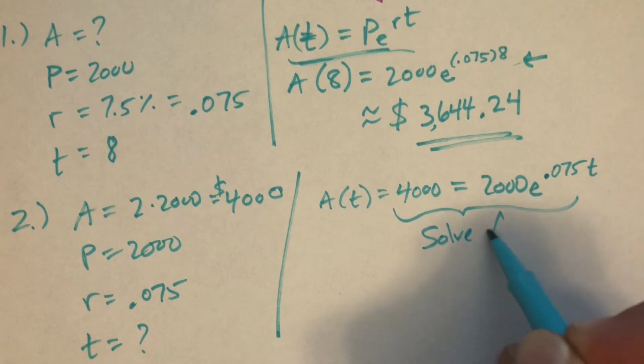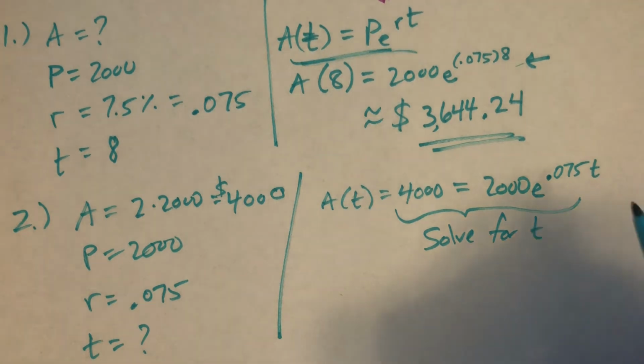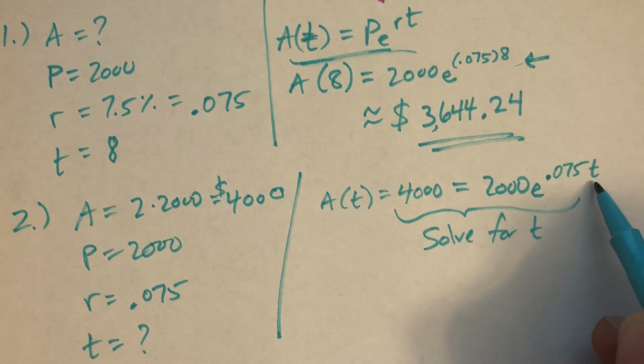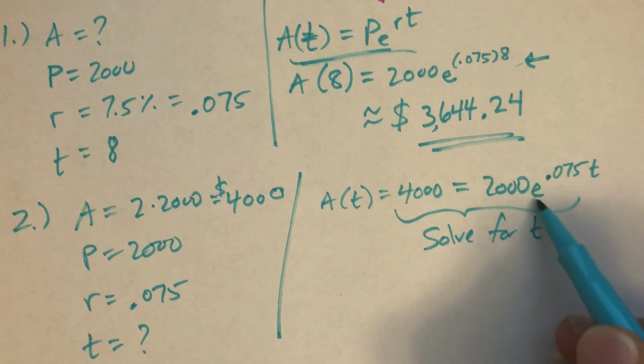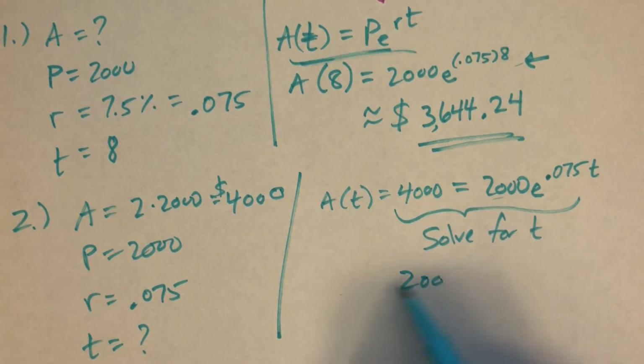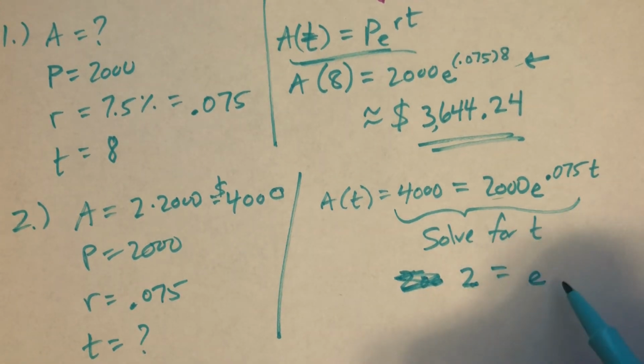We just want to solve this for t. We first want to get the term containing t alone, so we'll divide both sides by 2,000. So 4,000 divided by 2,000 is, excuse me, 2 equals e to the 0.075 t.